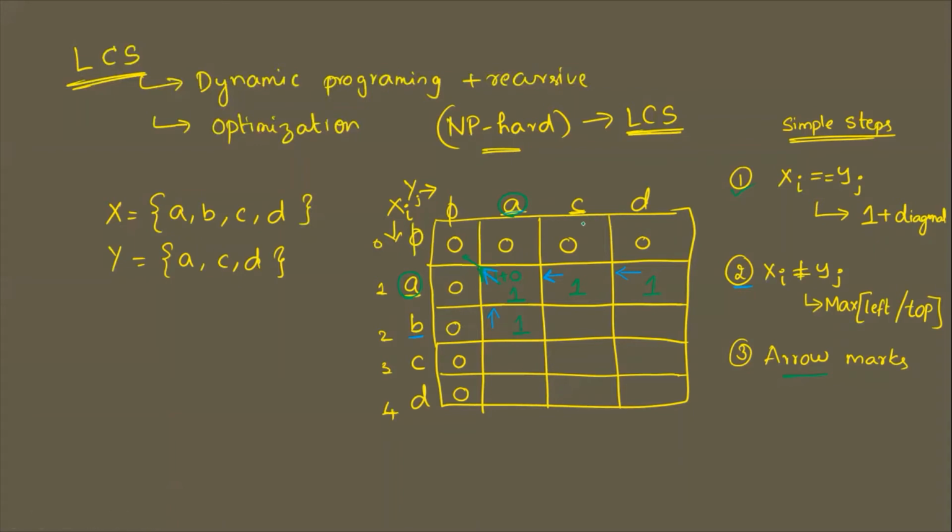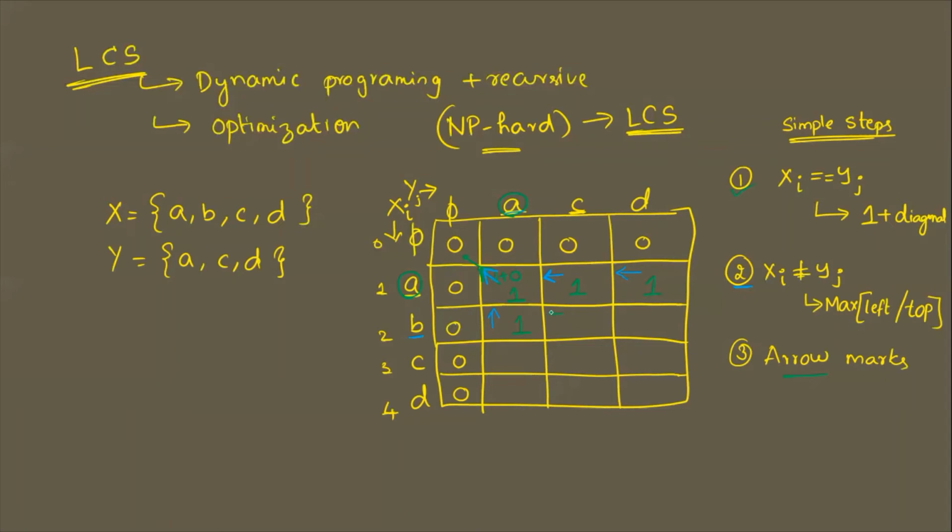Next, B and C. B and C both are different. If you see, the left is also having 1, top is also having 1. So in this case, you can consider any one of them. Either you take the left arrow, or otherwise take the top arrow.